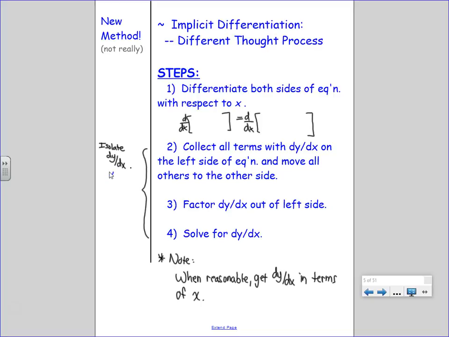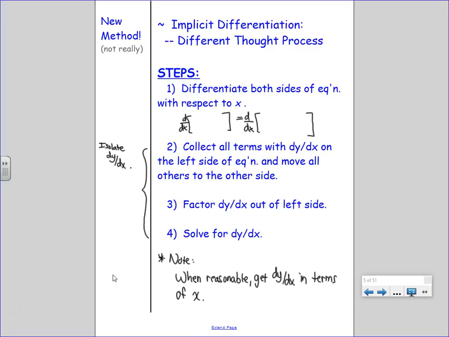But I say when reasonable because sometimes, to be frank, it's impossible. So this is something we're going to have to be looking in the back of the book and say, hey, did they leave the derivatives in terms of x's and y's? Because I think I have to. Or, wait, I figured out a way to get it in terms of x's.